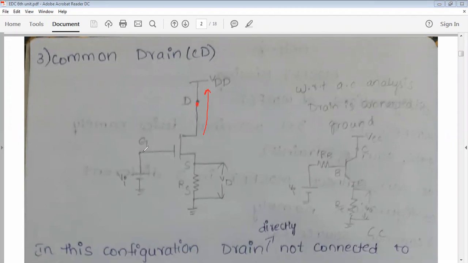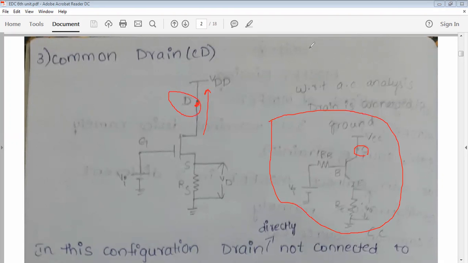The same configuration in BJT has the collector terminal connected to VCC. The input is between base and emitter, and the output is taken between emitter and ground. Now we can say the collector terminal, or here the drain terminal, is connected to ground.